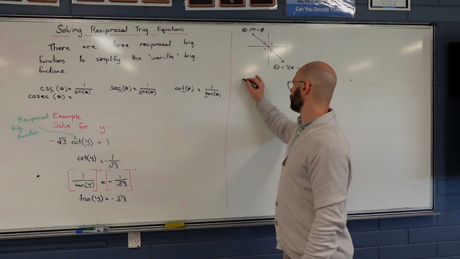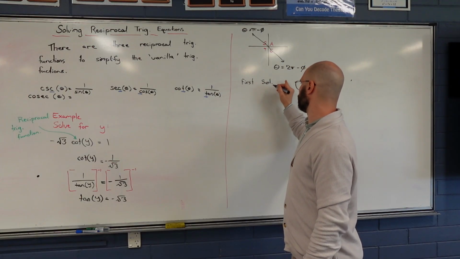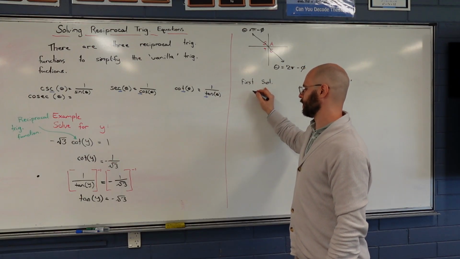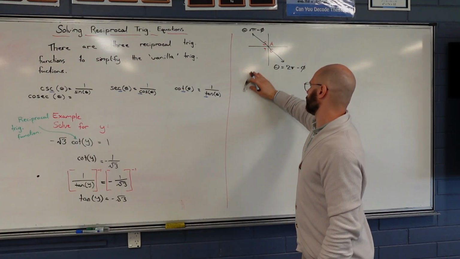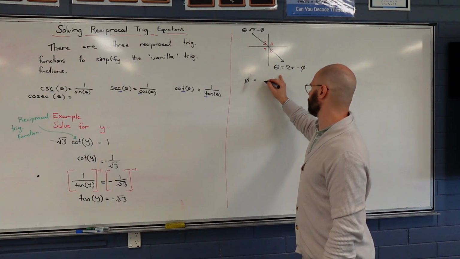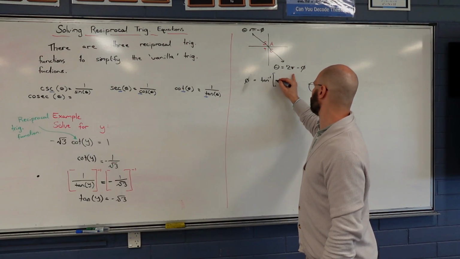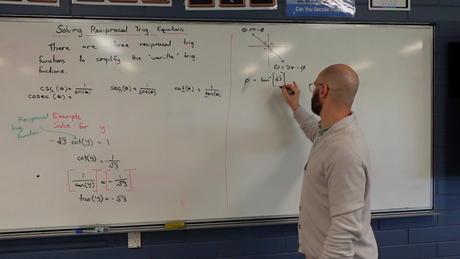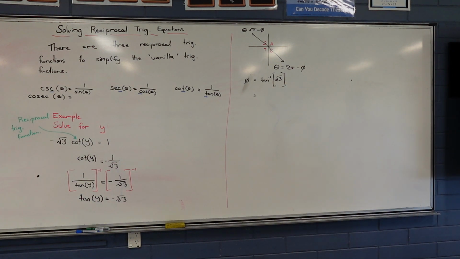First solution, actually no, we need to get phi, our interior angle. That's going to be the inverse tangent of root 3, because we just pretend it's positive. And what is the inverse tangent of root 3?